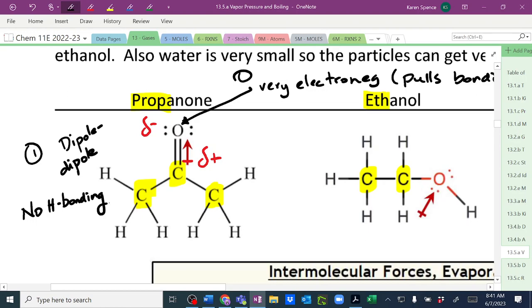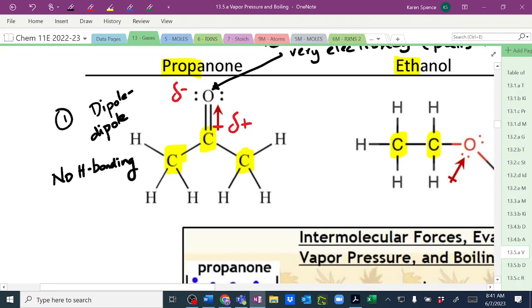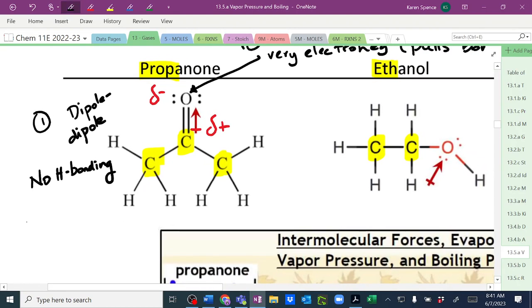Is there any other type of intermolecular force between propanone molecules? I can't hear you, but I think you're saying the right thing. Yes, all molecules have London dispersion forces.